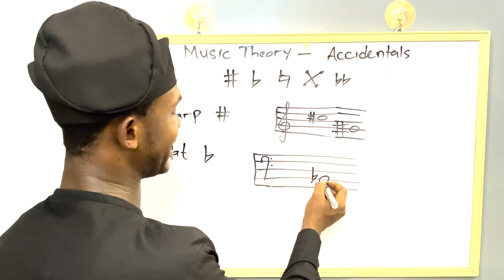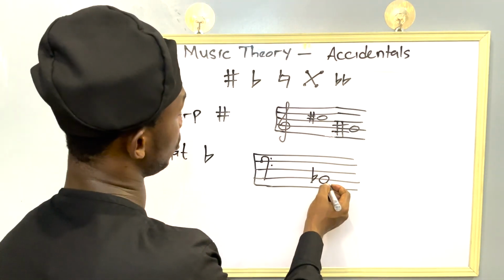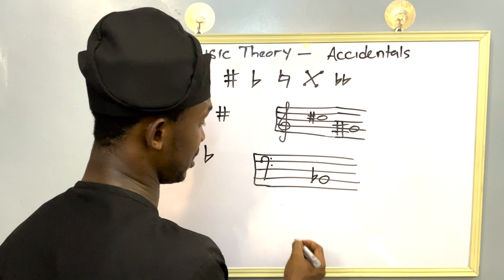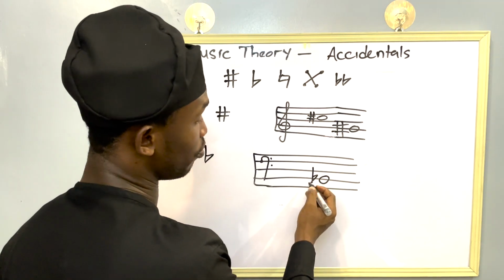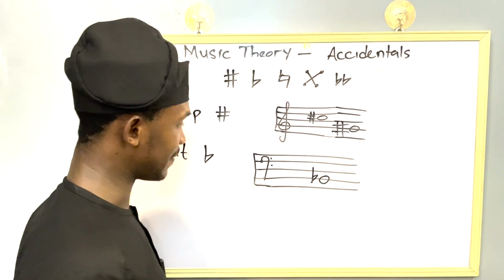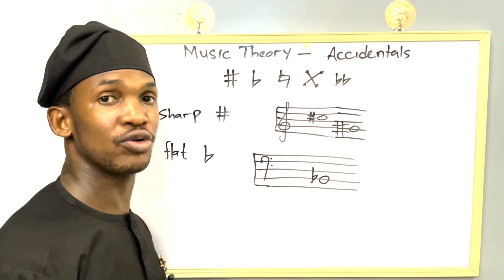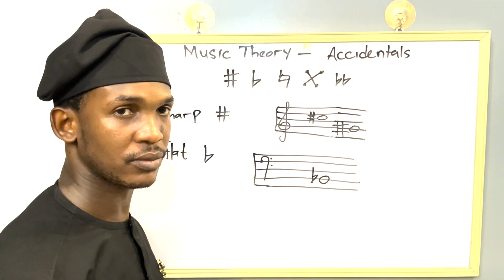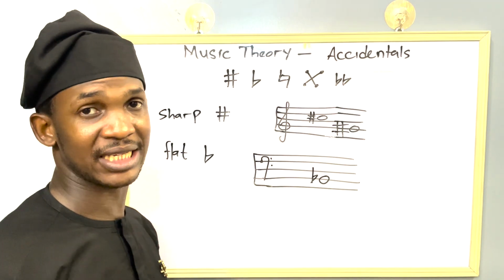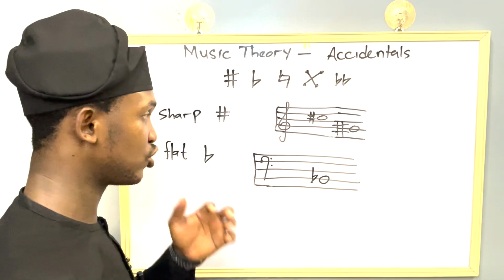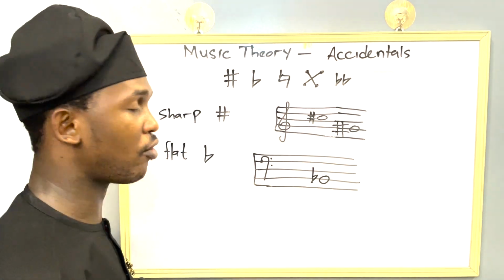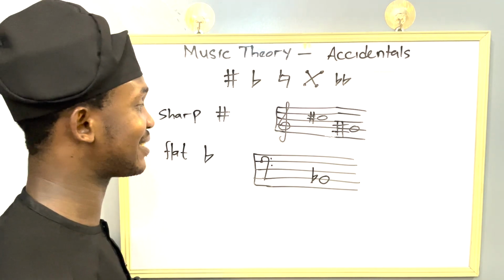This note, which ought to be called B, is now called B flat. The function of a flat is that it lowers the pitch of a note by a semitone. Remember, a semitone is the shortest distance between 2 adjacent notes.